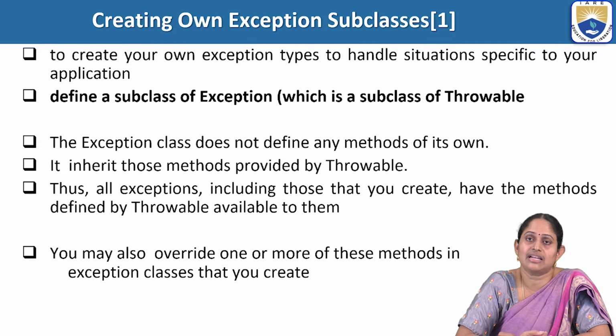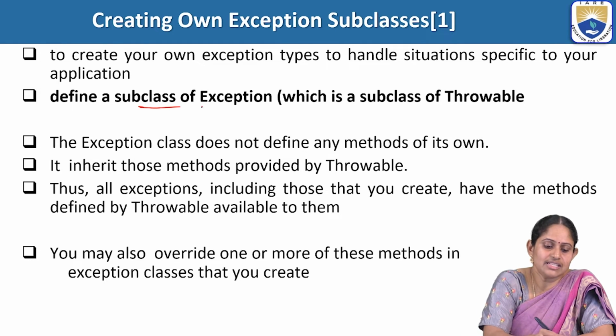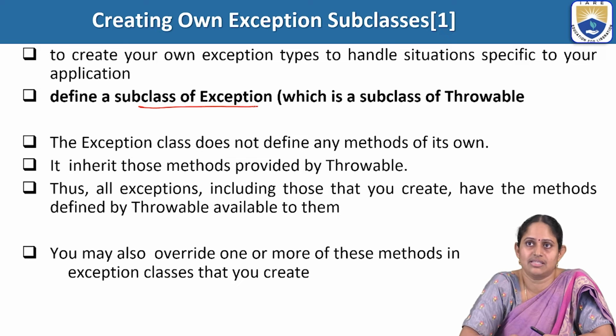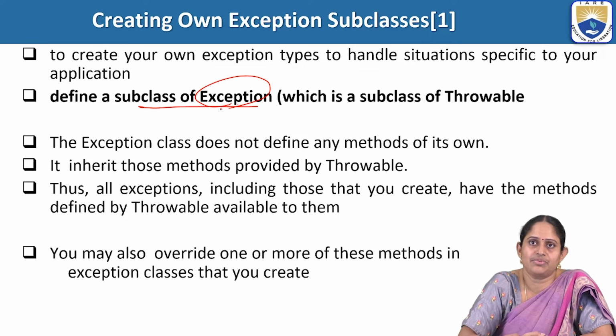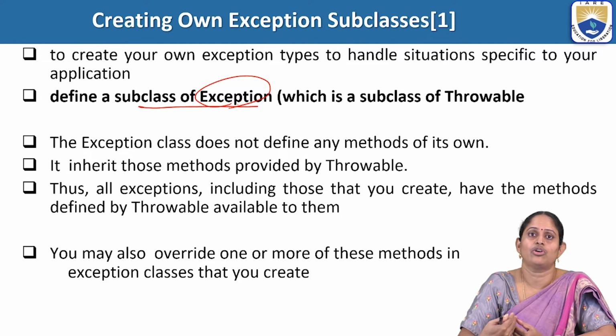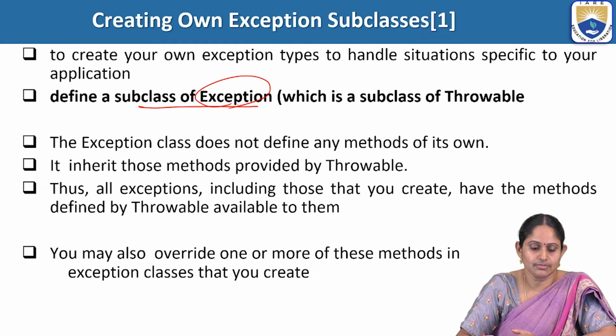Java allows you to create your own exceptions. When you want to create our own exceptions, we always define a subclass of the Exception class. So we inherit the Exception class into that particular exception.